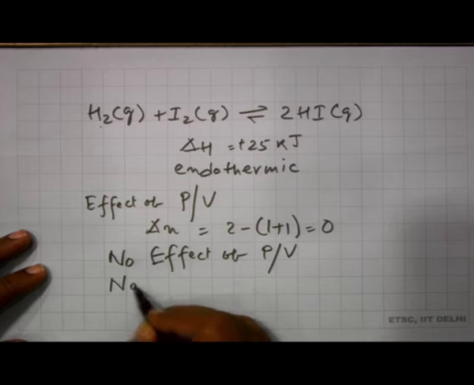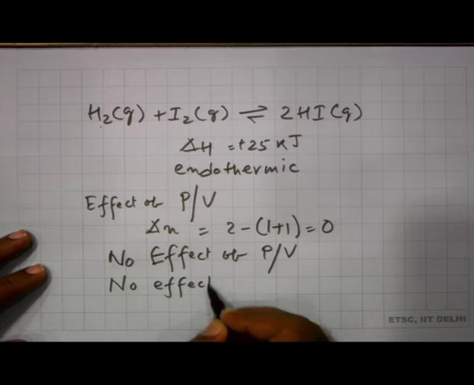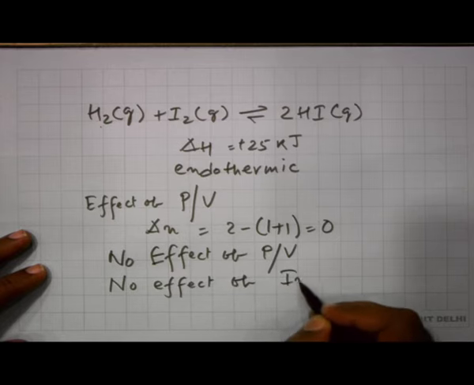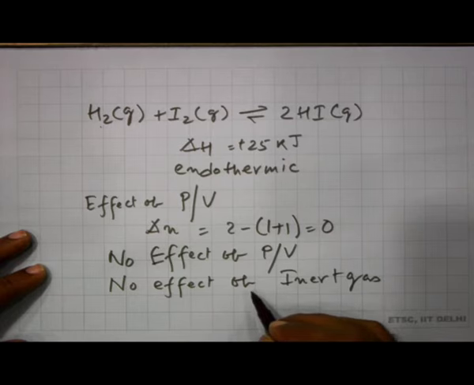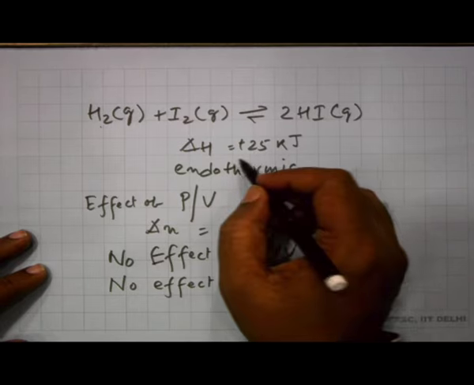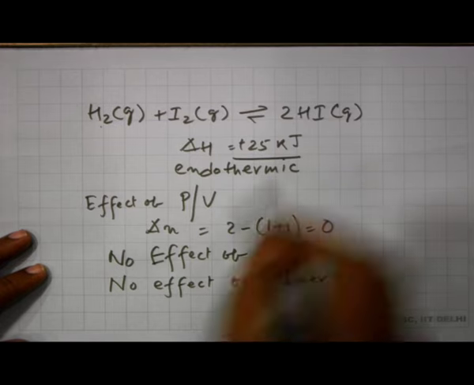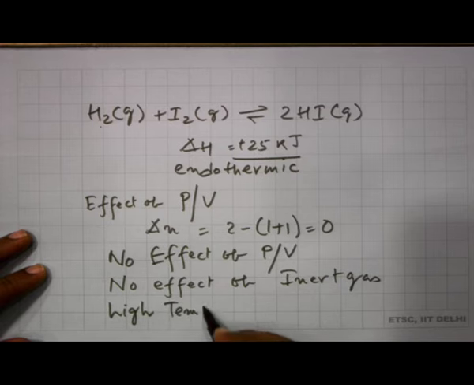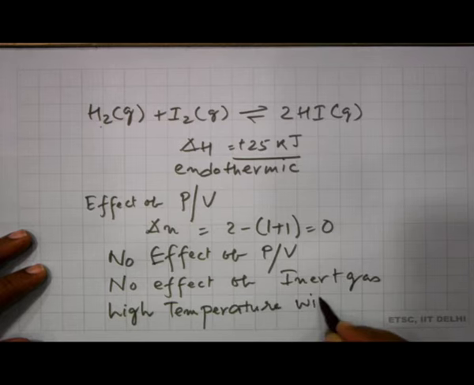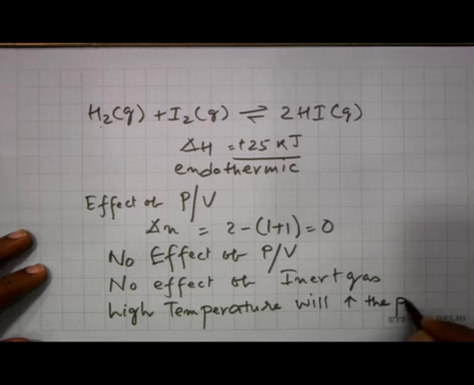No effect of inert gas. What about temperature? Temperature will affect, because this is an endothermic reaction, and endothermic reactions are favored at high temperature. So, high temperature will increase the product, which is HI in this case.